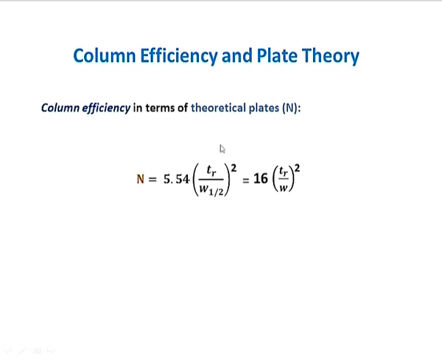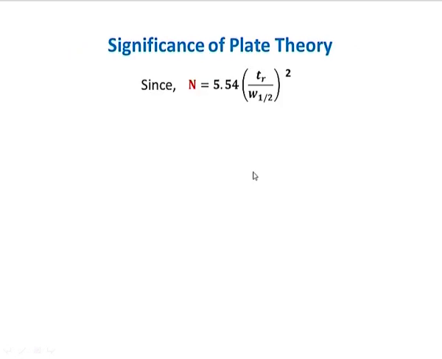This also equals 16 times (Tr upon W) whole square. So, N, which is the number of theoretical plates, can be related to half peak width or to peak width, and that certainly has a relationship with Tr. So, what do we make out of it?